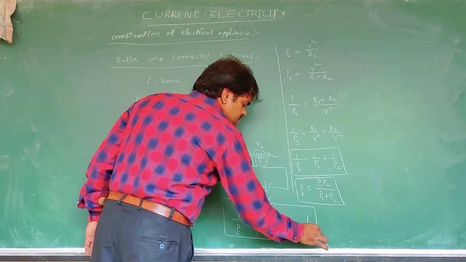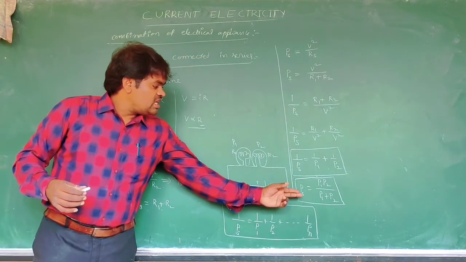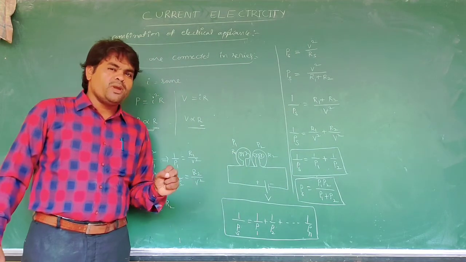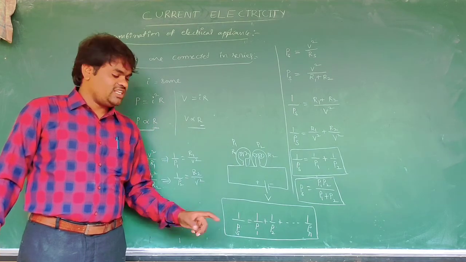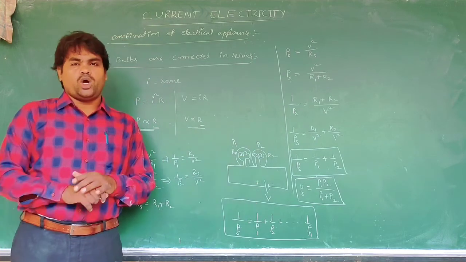That means the effective power in the series combination is lesser than the individual power.